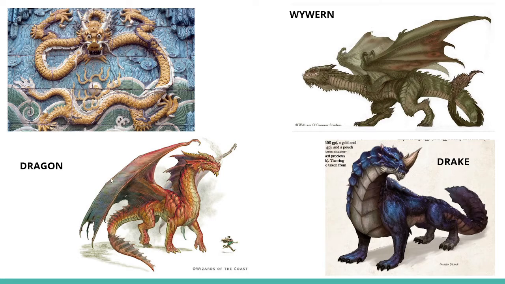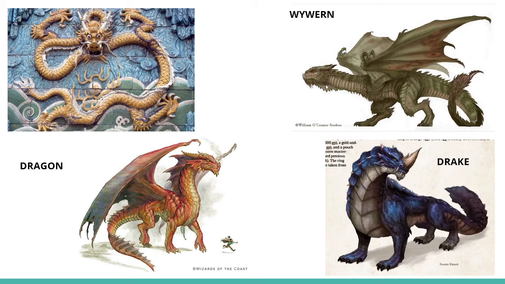So the main difference between a dragon and the wyvern is that a dragon has 4 legs and wings, but for a wyvern, the front legs are wings. So the arms basically are wings, but the dragon has 4 legs, so it's quadruped and with wings. And wyverns are seen as a lesser type of dragon.